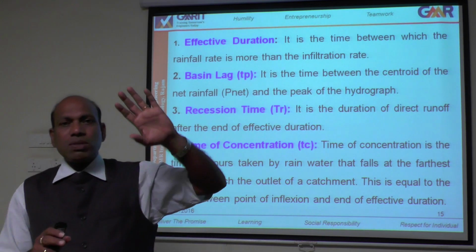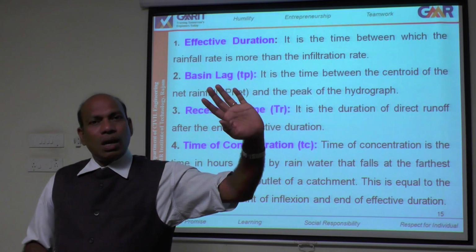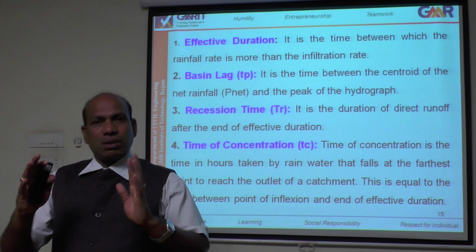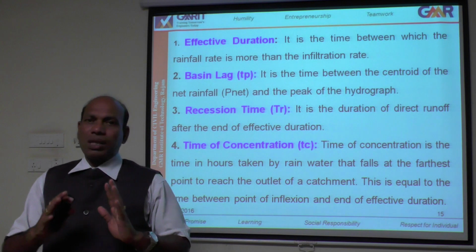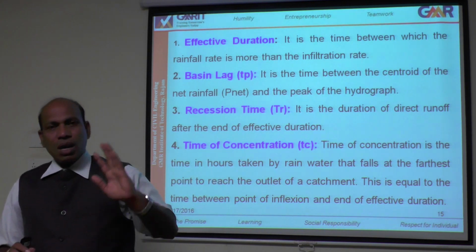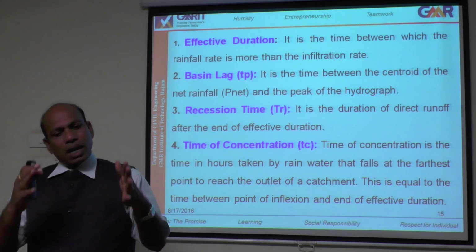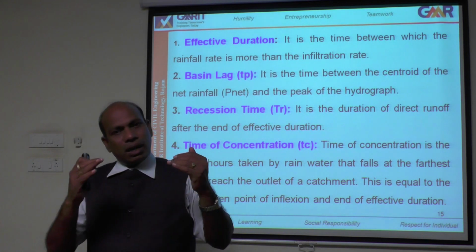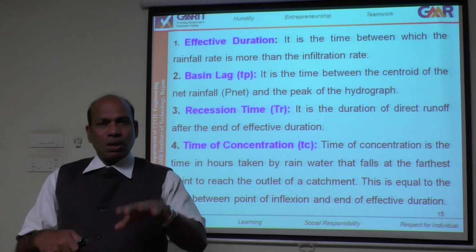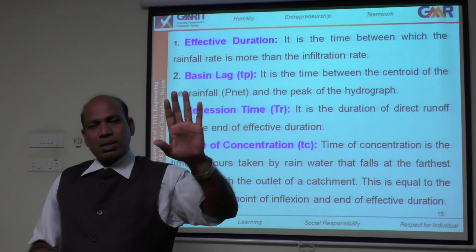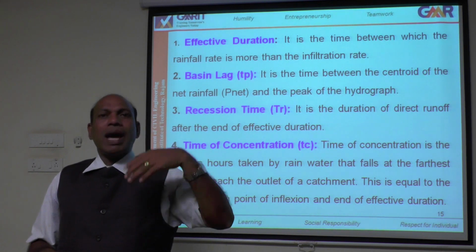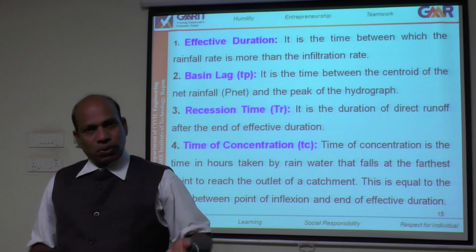We have some effective rainfall. For example, the duration of the rainfall is 10 hours. Out of 10 hours, for 3 hours the rainfall infiltrates down. Only 7 hours of rainfall is available as runoff, that is the effective rainfall.